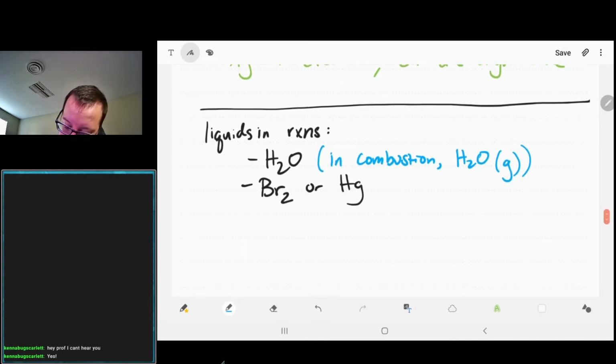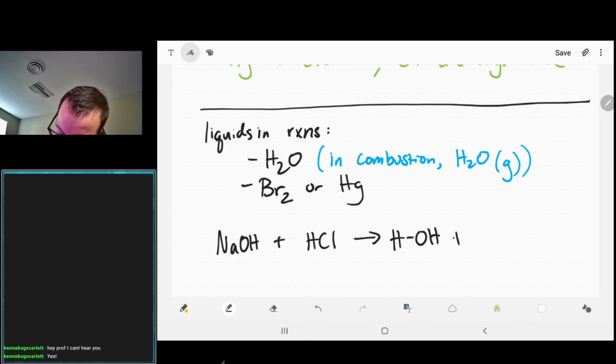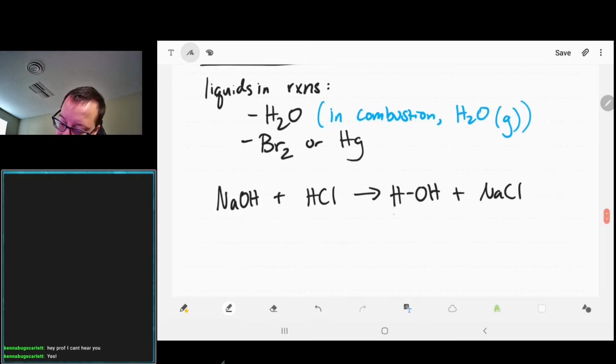So, for example, if we take a common acid-base reaction here, double displacement, of course, we get HOH plus NaCl. Remember that HOH, it's just our dear friend water.